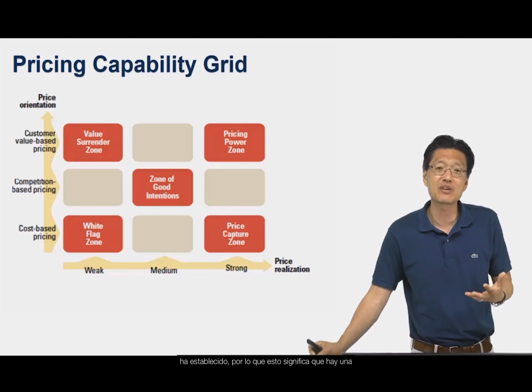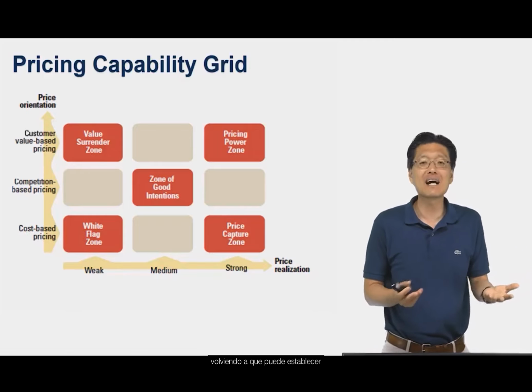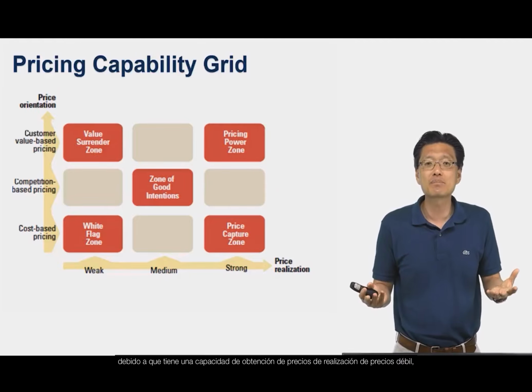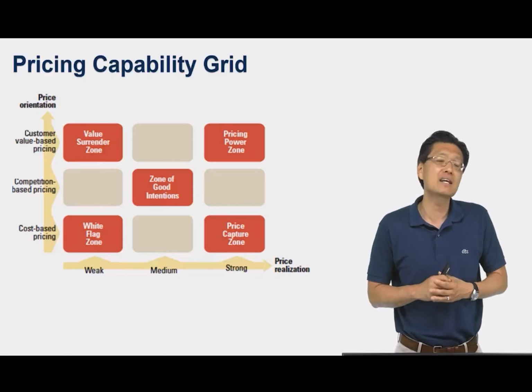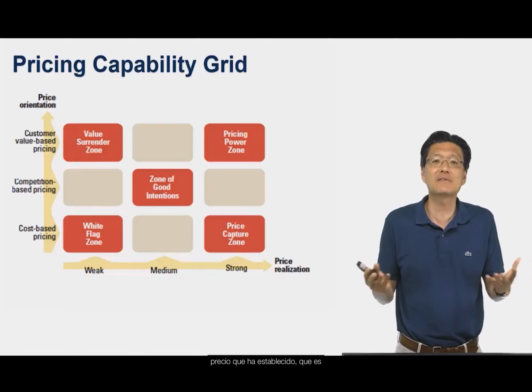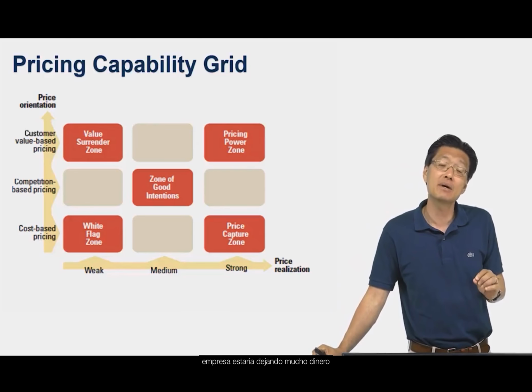So there's a significant gap. Again, it may set the price at $100, but because it has weak price getting capability, it can only realize 70% of the price that it has set out, which is $70. In other words, here the company would be leaving a lot of money on the table.